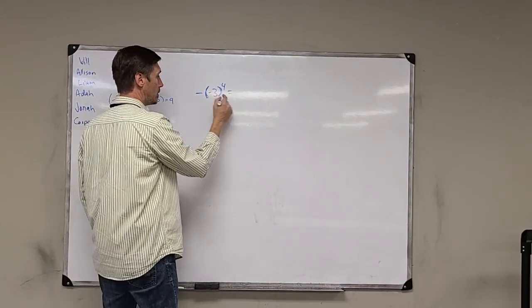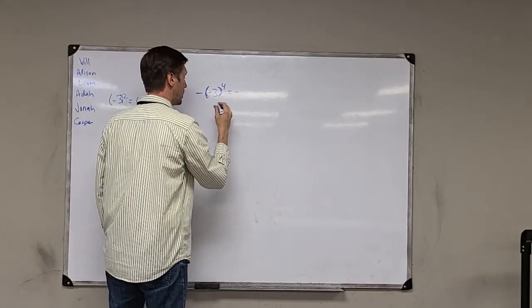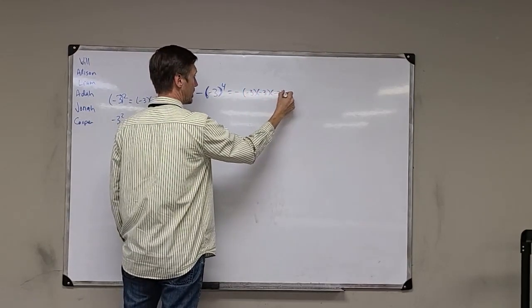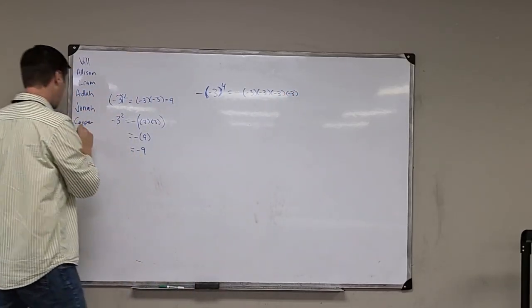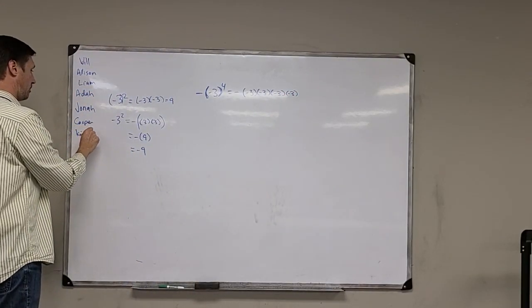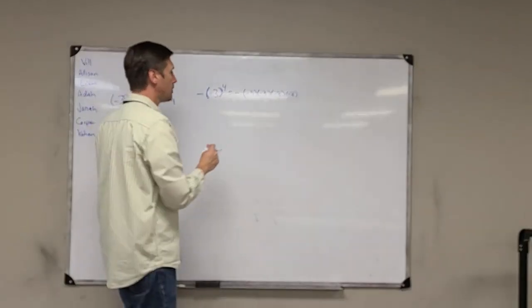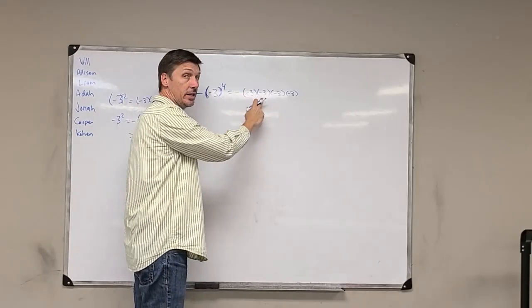So really the way that we would do this is we would take this negative sign and put it in the front. And then we would say -3 times -3 times -3 times -3. All right? Do you guys see why it would be that? Then when we do the math on that, negative 3 times negative 3 is what?